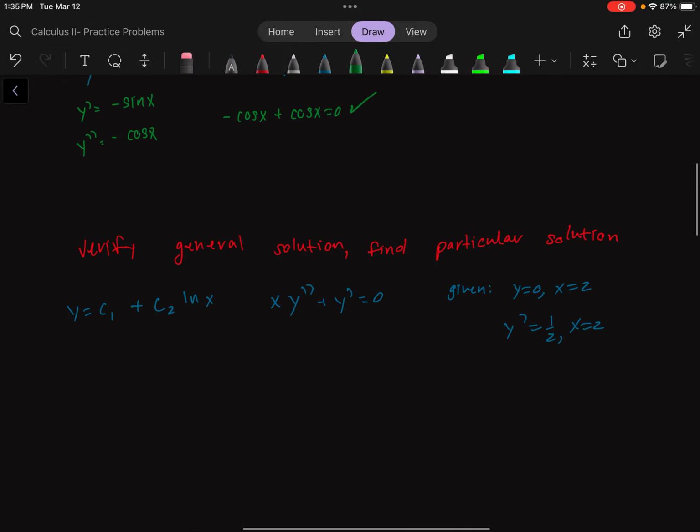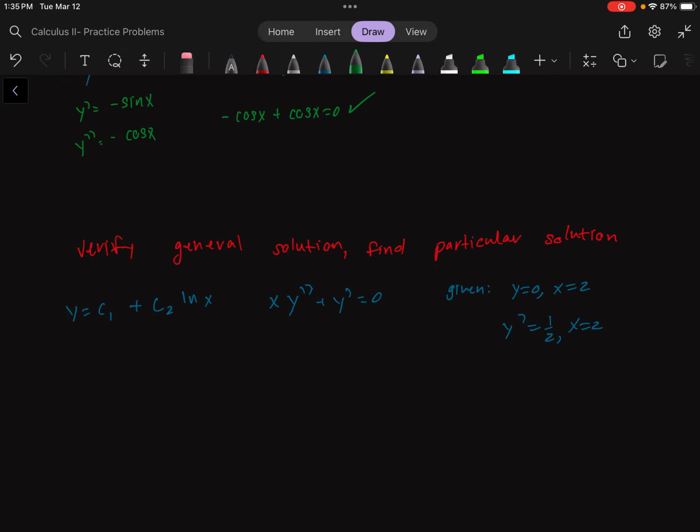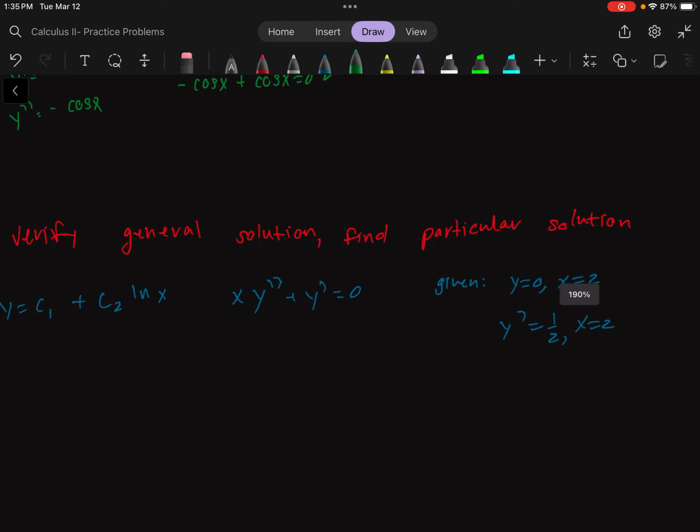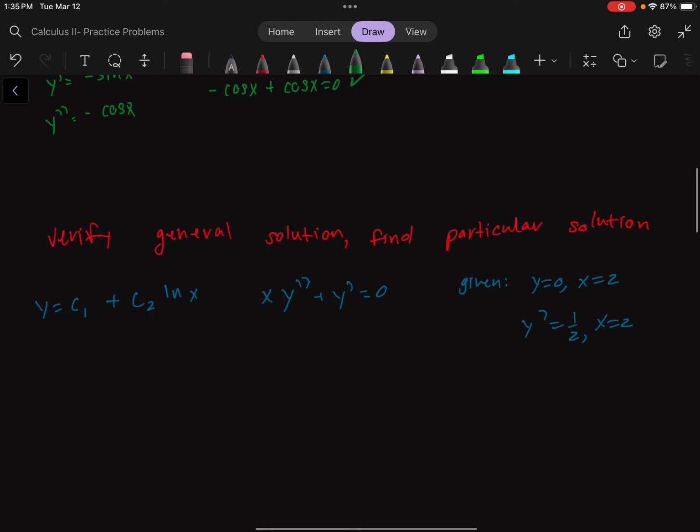Now they ask us to verify the general solution again, but also find the particular solution. So the particular solution means that we're going to be able to find what these constants are, given these initial conditions they're called. So we're going to need y double prime and y prime from y, right?